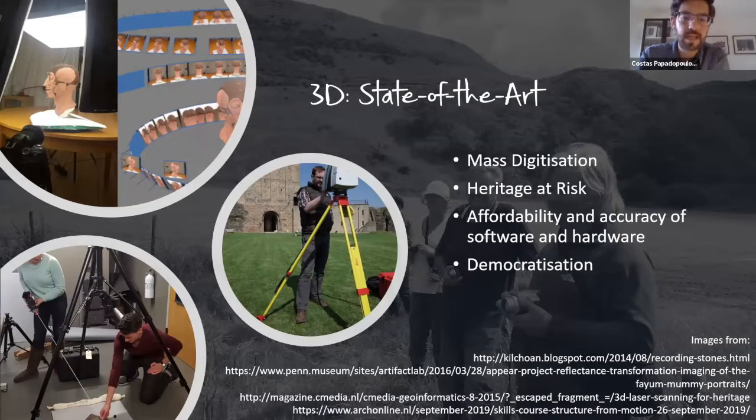We have laser scanners, we have new techniques and methods like photogrammetry, reflectance transformation imaging, 3D modeling, 3D printing, platforms for making 3D models accessible online. These have all been increasingly deployed in cultural heritage in an attempt to capture and make available more information than conventional capturing mechanisms that we have been using in this field, such as illustration, for example, or photography.